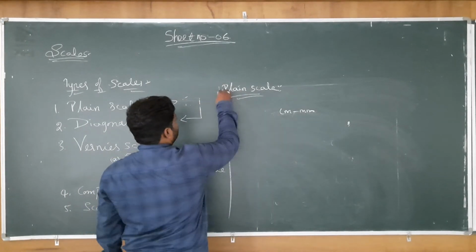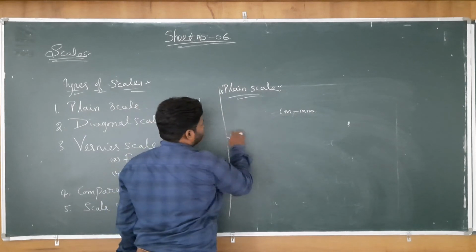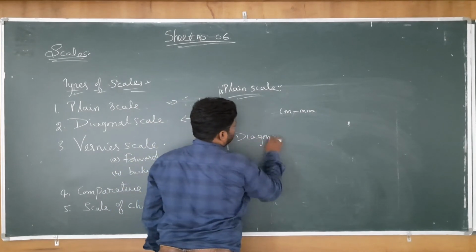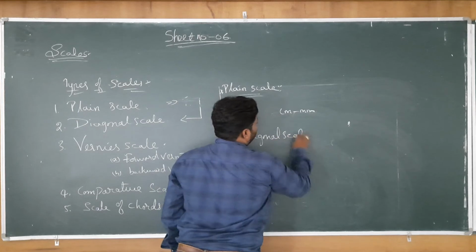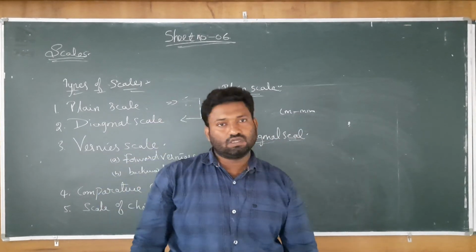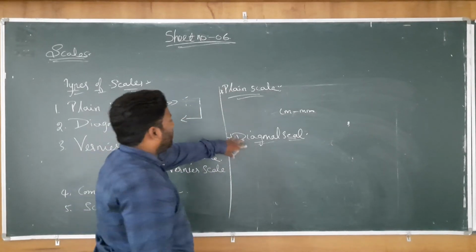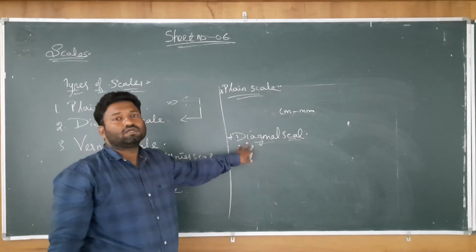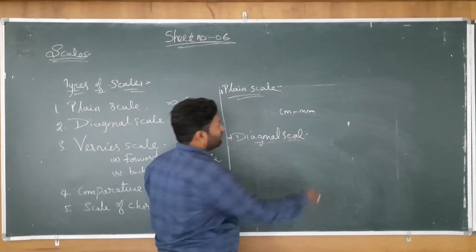Whereas the other type of scale is the diagonal scale. Now we have to define the diagonal scale, and after that I will tell you how to represent it. A diagonal scale is used to represent three units.